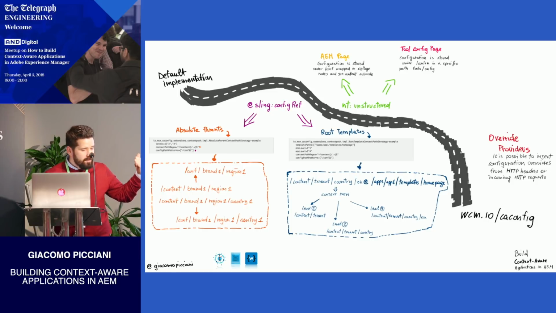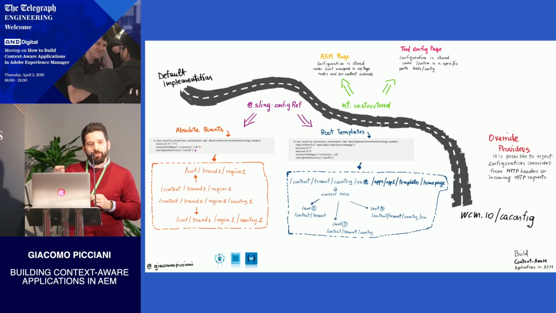And these are other capabilities that the libraries provide. One of the most interesting for myself is providing a new context path strategy. When you already have a content structure with thousands of pages, it's quite difficult to go through every page and add a property.